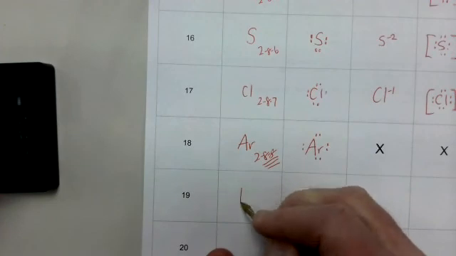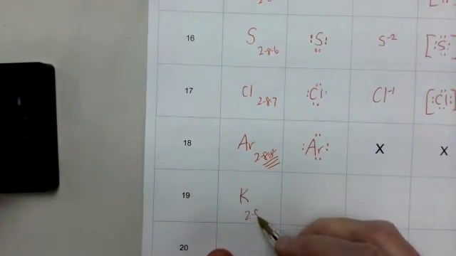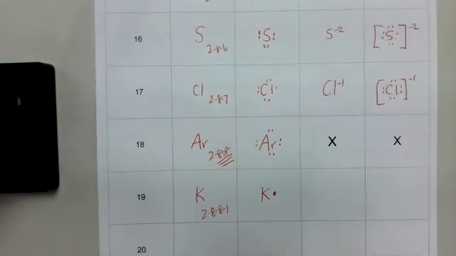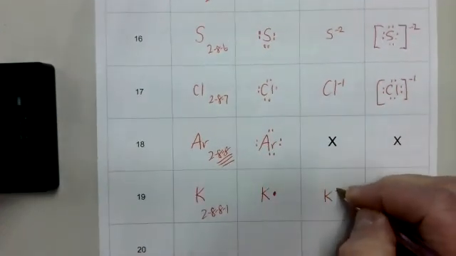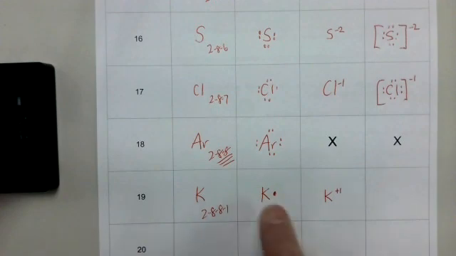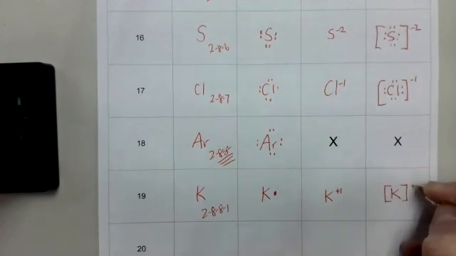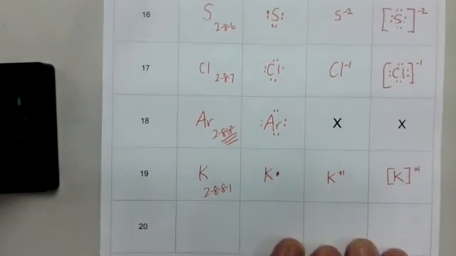After that, we have 19, which is potassium, 2,8,8,1. So we would show potassium with 1 dot. When it loses that electron, it becomes a positive 1 ion. It goes from 2,8,8,1 to 2,8,8. That makes it isoelectronic to argon. To draw the Lewis dot diagram, we draw the empty outer orbital with the +1.